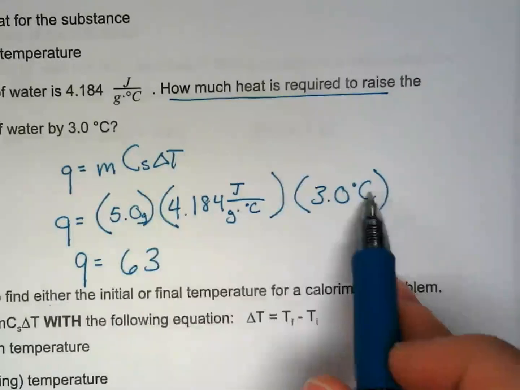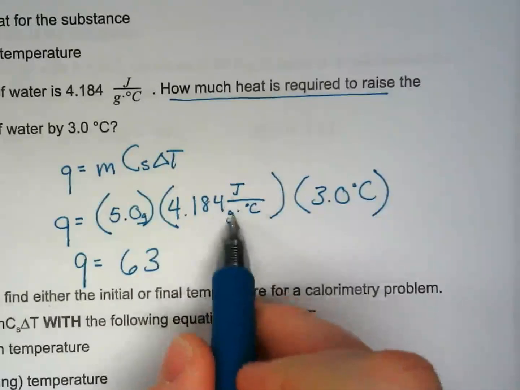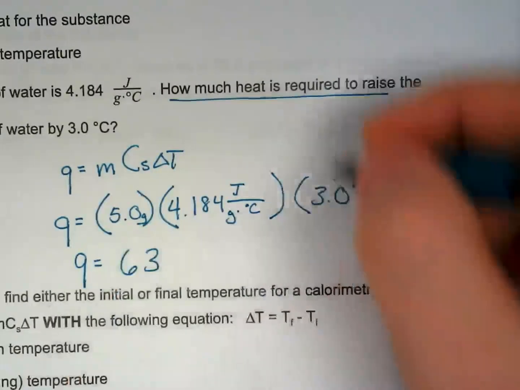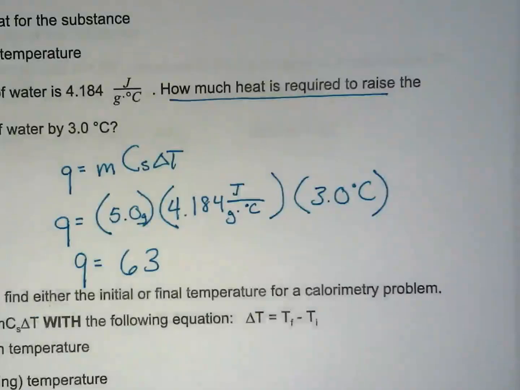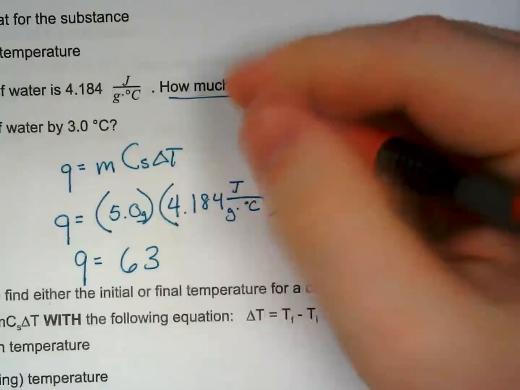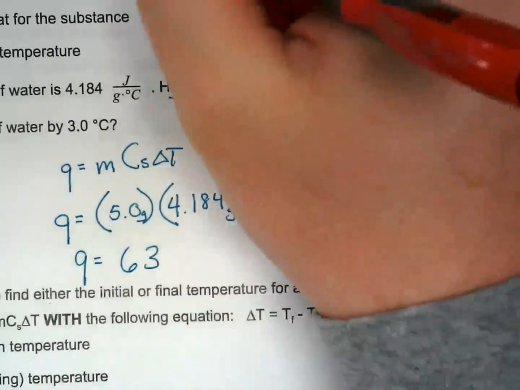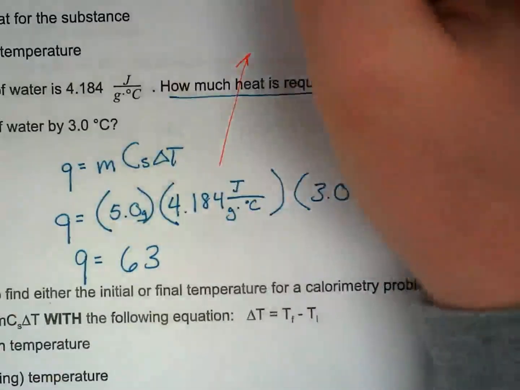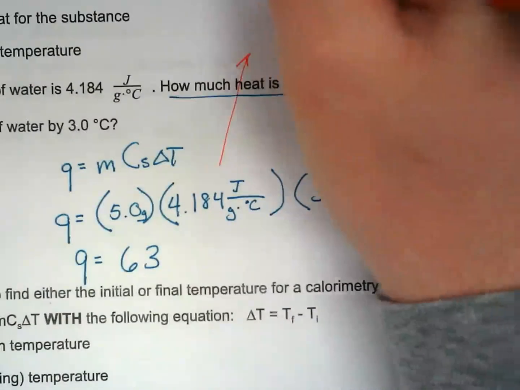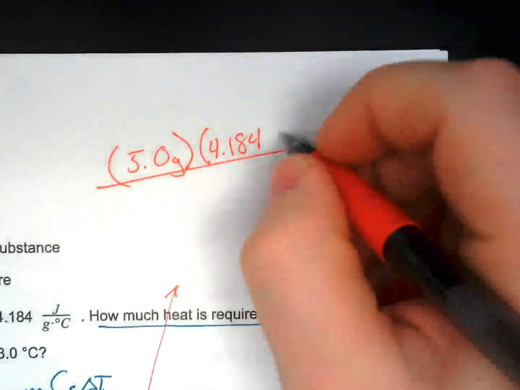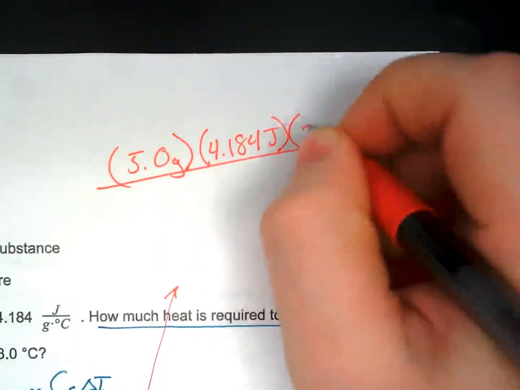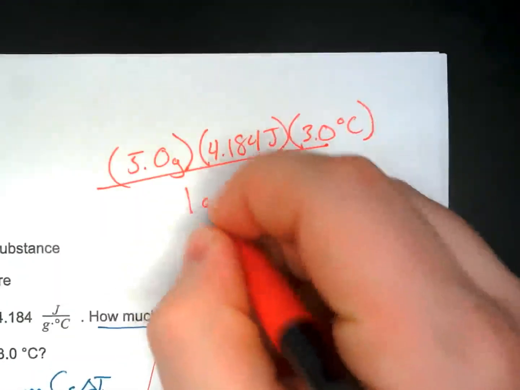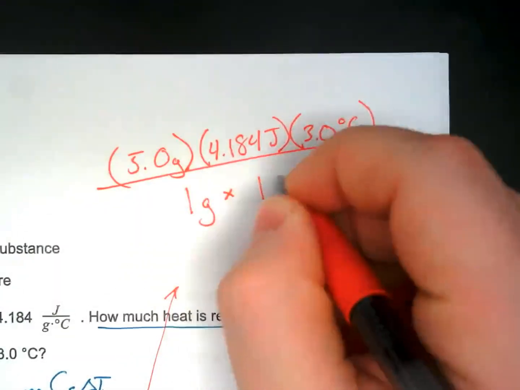Looking at all my units here, this is technically being divided. Just to kind of rewrite what this would actually look like, it would be 5 grams times 4.184 joules times 3 degrees Celsius divided by 1 gram times 1 degree Celsius.